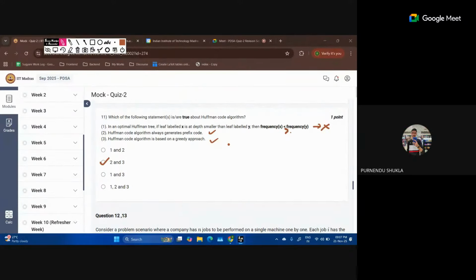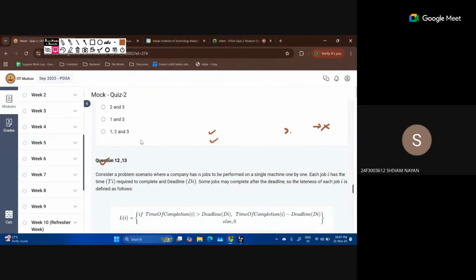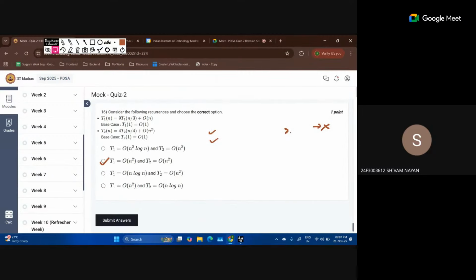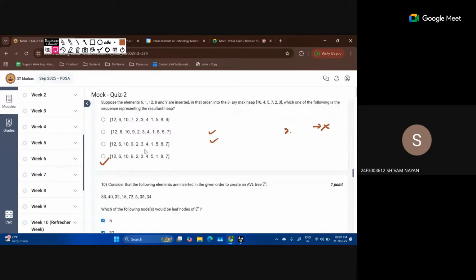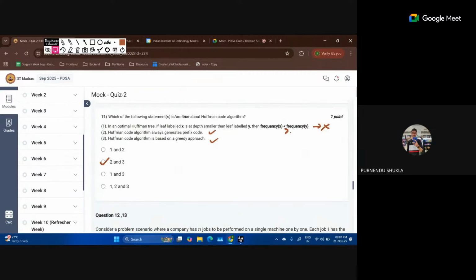Just think about it: if A has occurred five times and B has occurred only one time, and you use the Huffman tree to build that, then you said that less frequency is at depth, right? Yes, that's right.